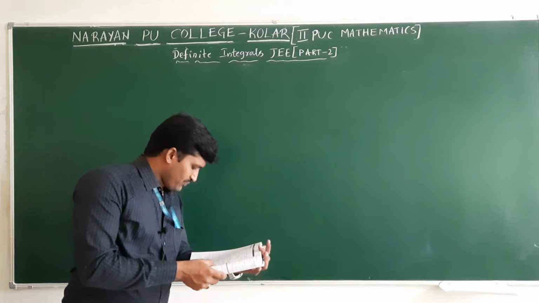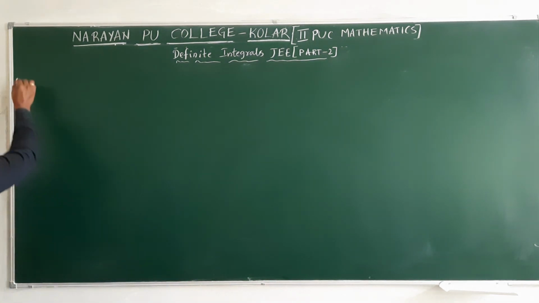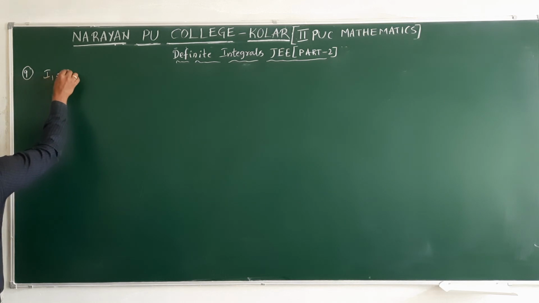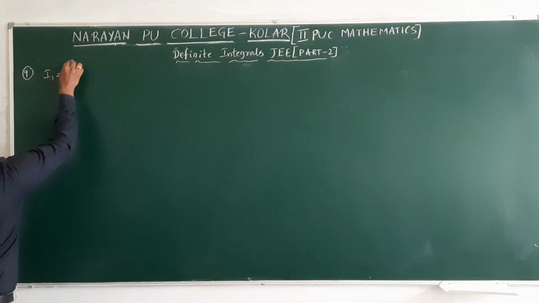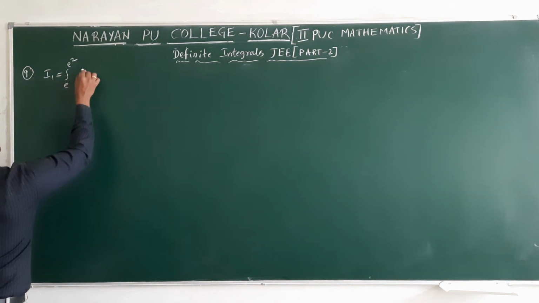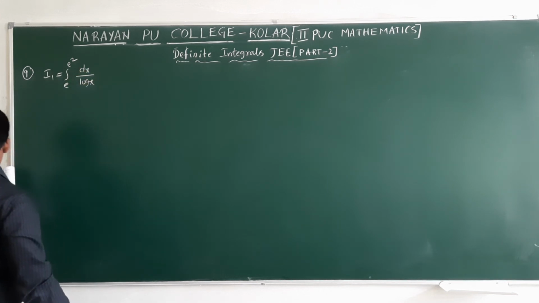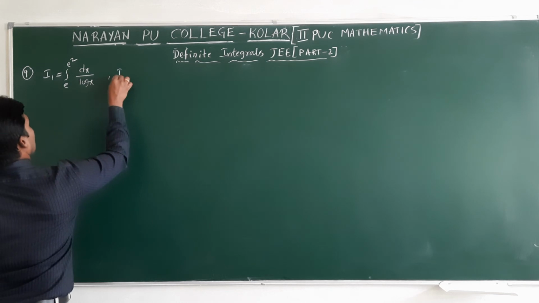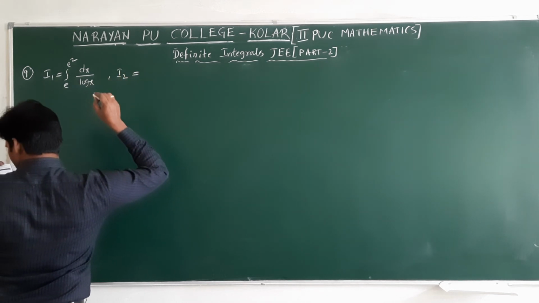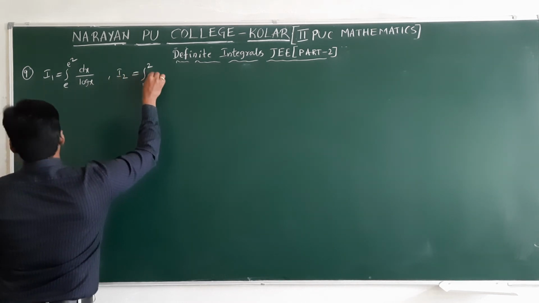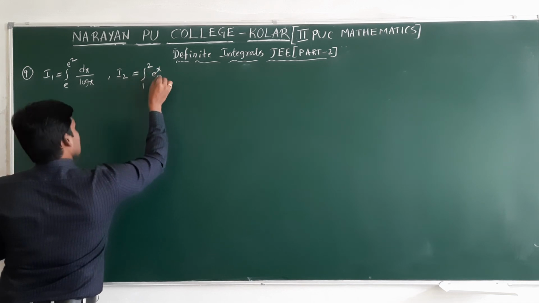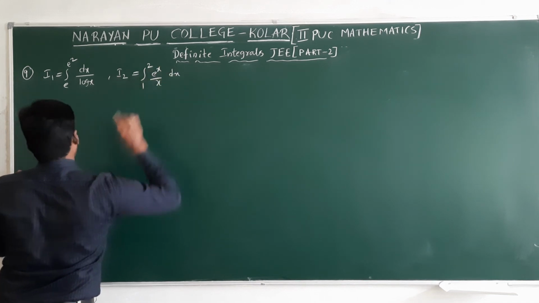Next, coming to the ninth one, question number 9. The given I1 is the integral from e to e square of dx by log x. I2 is given as the integral from 1 to 2 of e power x by x dx.